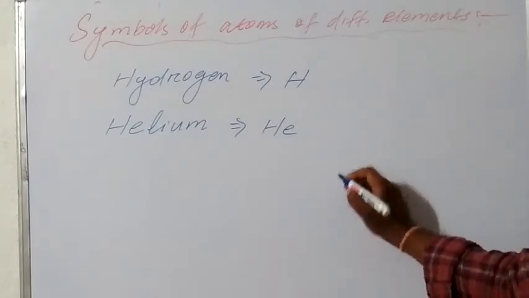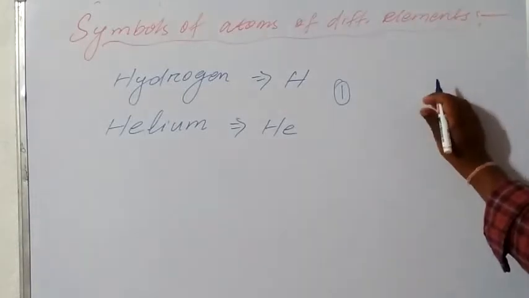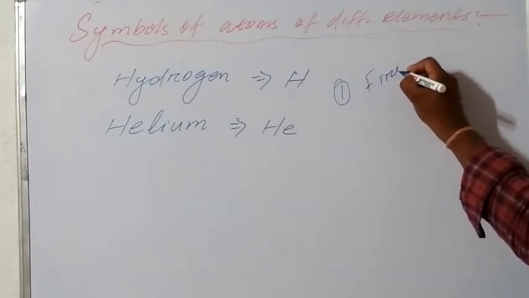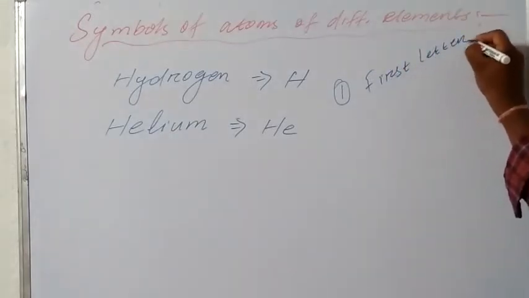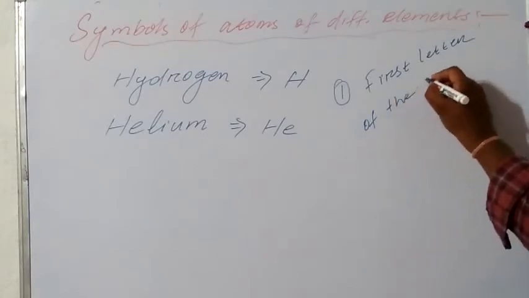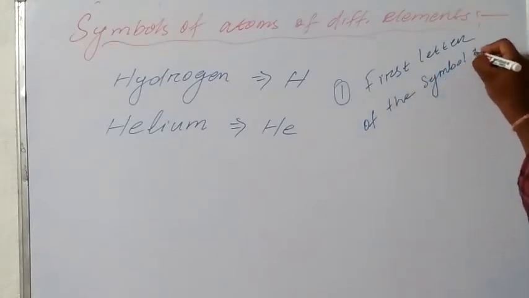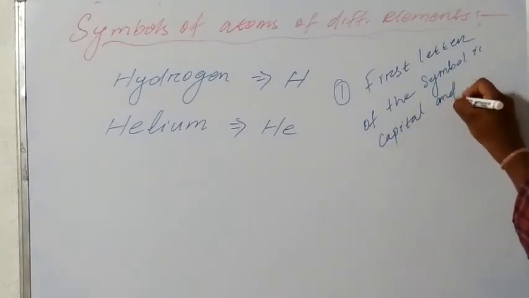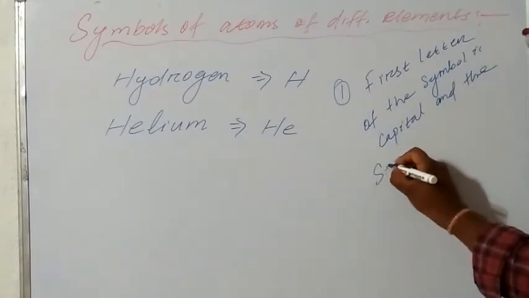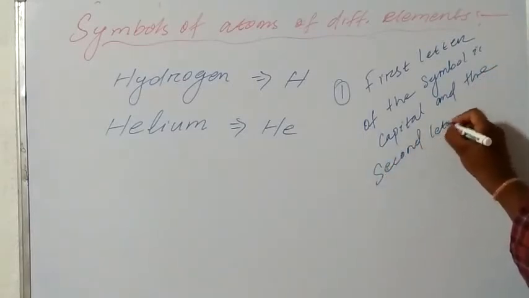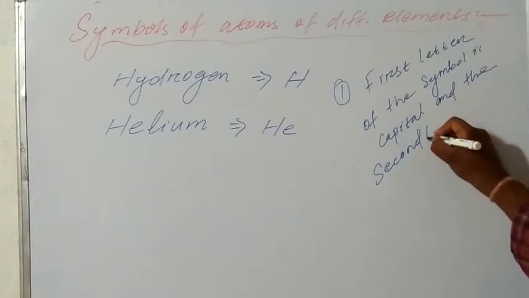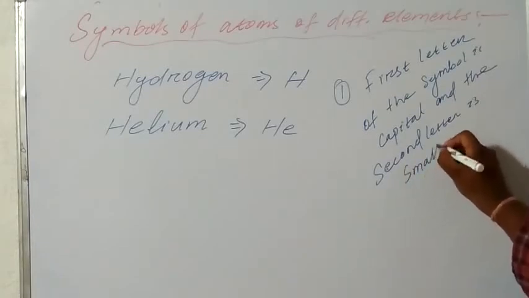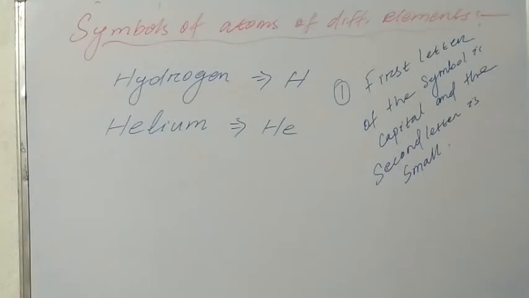The first rule is that the first letter of the symbol is capital, and the second letter is small. These are some rules of the IUPAC.